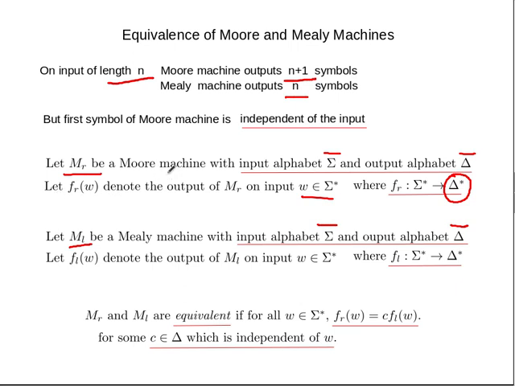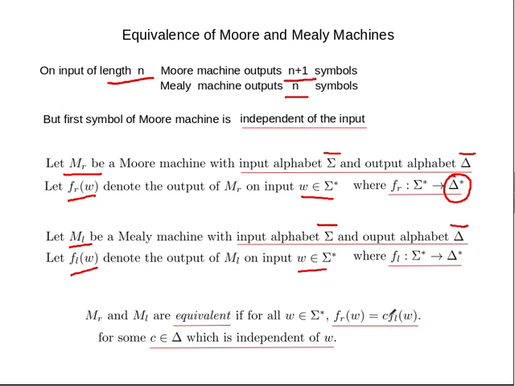So for the Moore machine, if on input w you get this output FR of w, and in the Mealy machine on input w you get this FL of w, then they are equivalent if this is true.